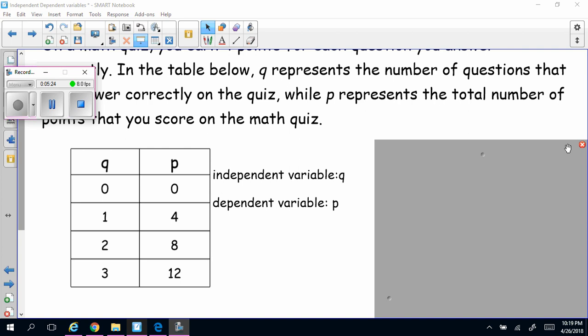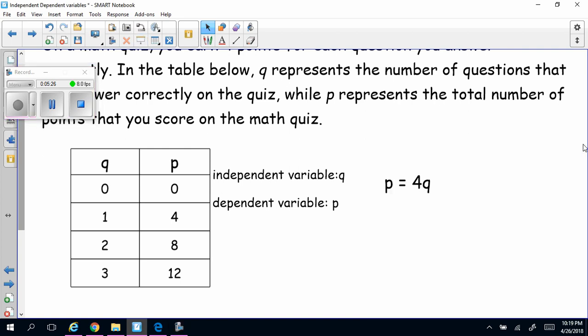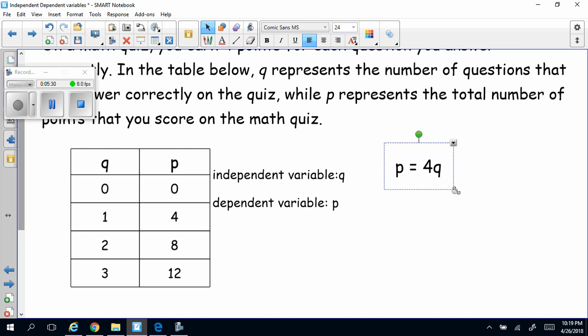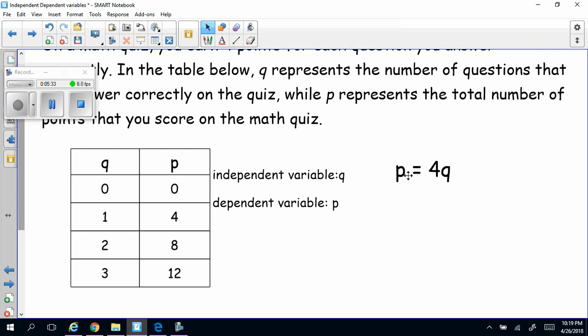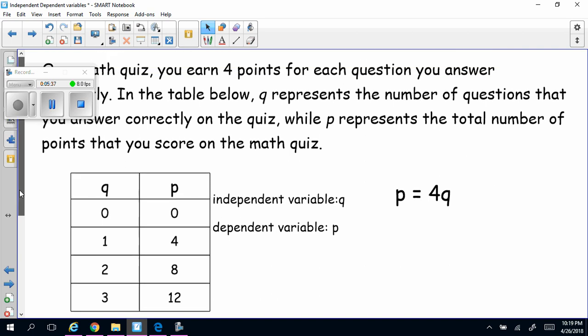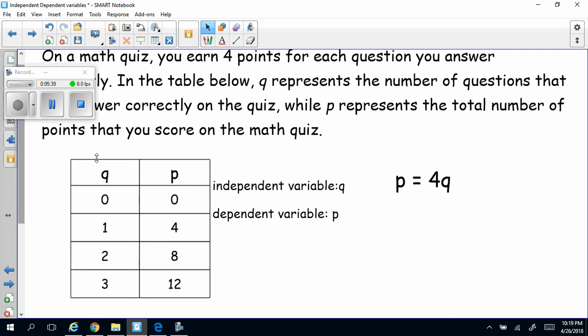Let's look at the equation that goes along with our table. We have P equals 4Q, where once again, P is our total number of points we receive on the math quiz. So our points equals 4Q, where Q is the number of questions we answer correct.